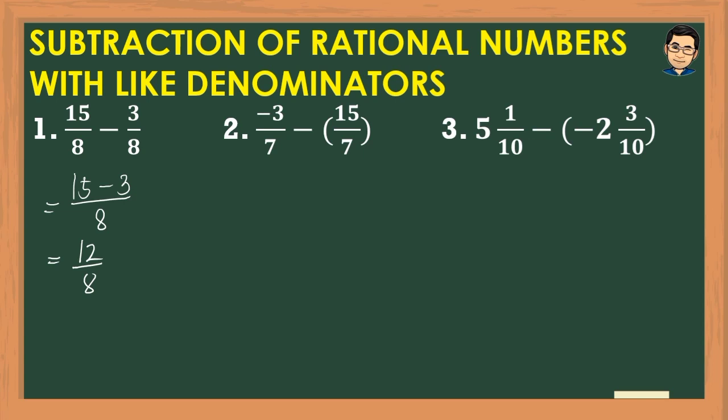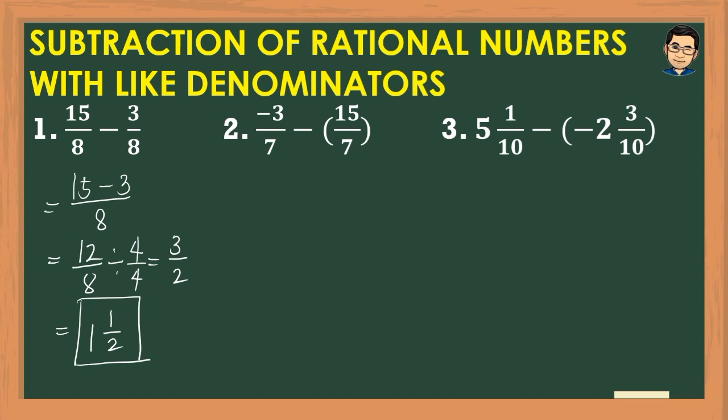But before that, we can simplify 12 over 8 by dividing by the GCF 4. So that will become 3 over 2. Now, 3 divided by 2, that is 1, and then the remainder is 1 half. Okay, so our final answer will be 1 and 1 half.